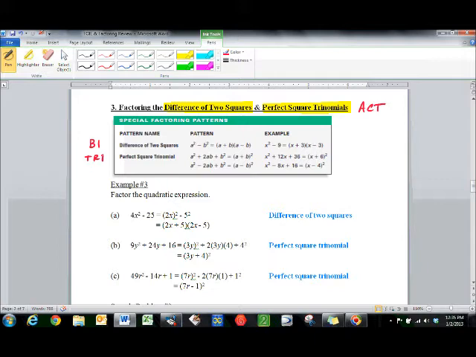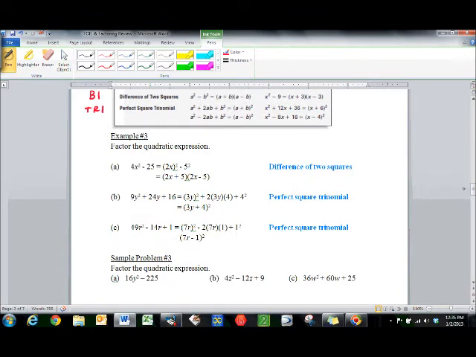We'll start with factoring the quadratic expression of a difference of squares, sometimes called a difference of two squares. If we look at example 3, part A, we'll notice 4x squared minus 25. First of all, it's a difference of squares because it's a binomial, and the word difference implies subtraction.